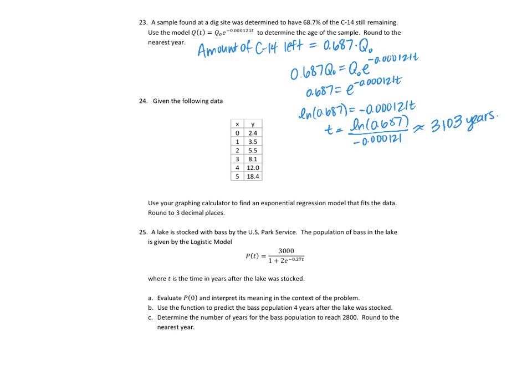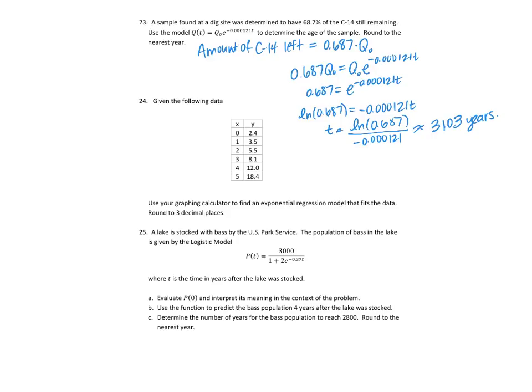Okay, so the next one. Given the following data, use your graphing calculator to find an exponential regression model that fits the data. So for that, I'm going to go to Stat, Edit, and then type all of this in my lists.